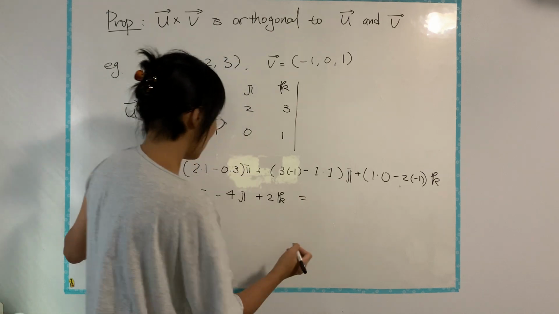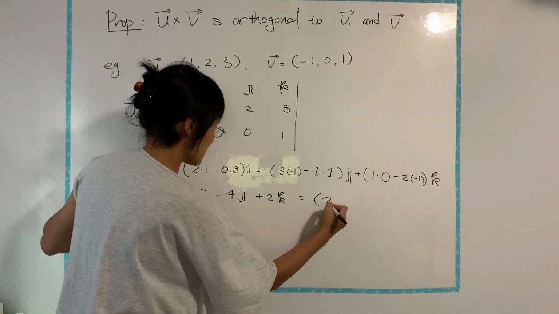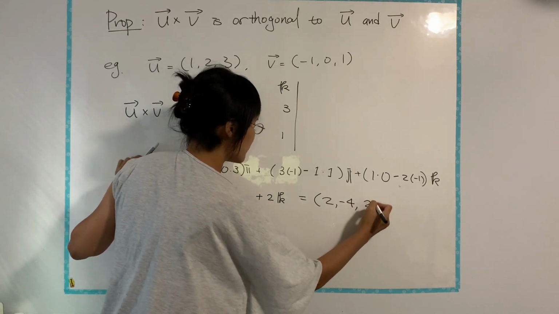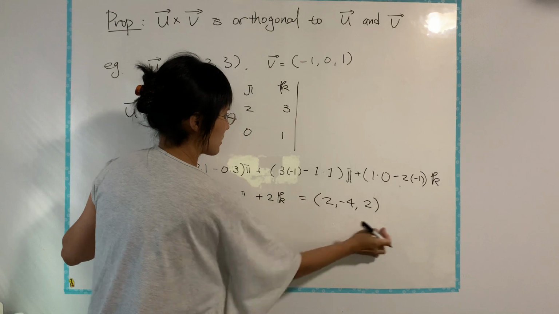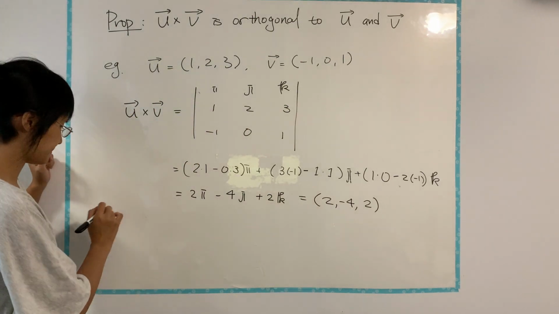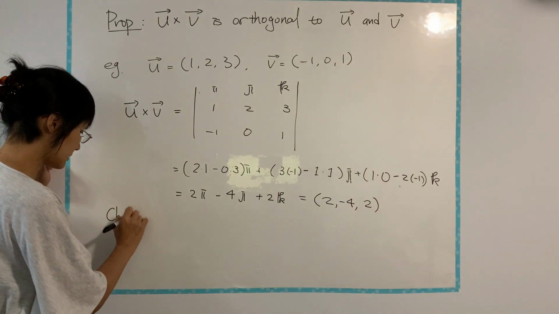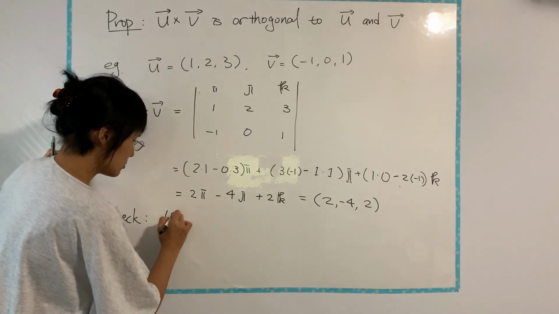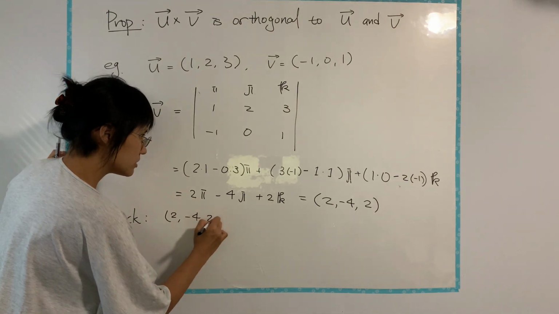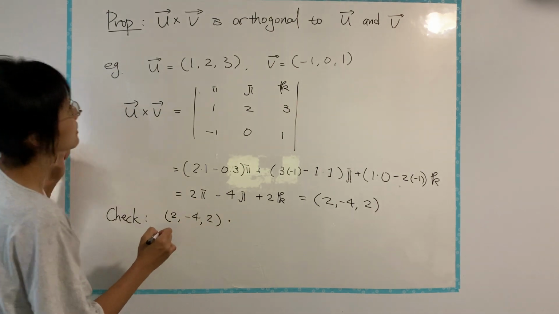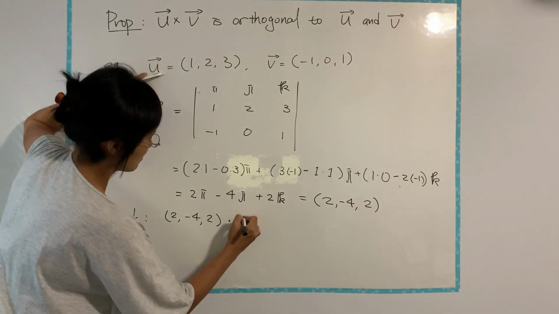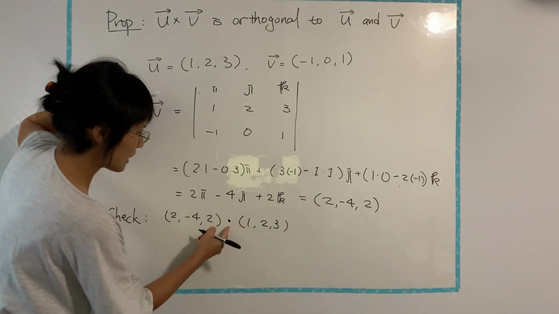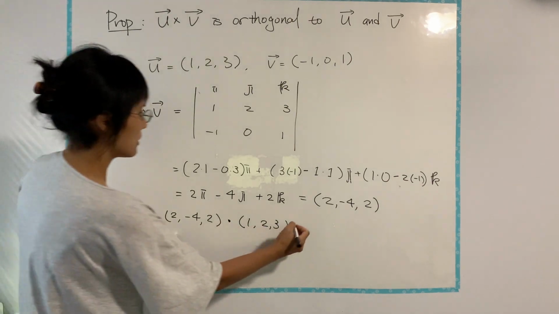If I want, I can write this as the vector 2, negative 4, and 2. So this vector is our cross product. Now let's check. If I take 2, minus 4, and 2 and dot it with the vector u, which is 1, 2, 3, what do we have?